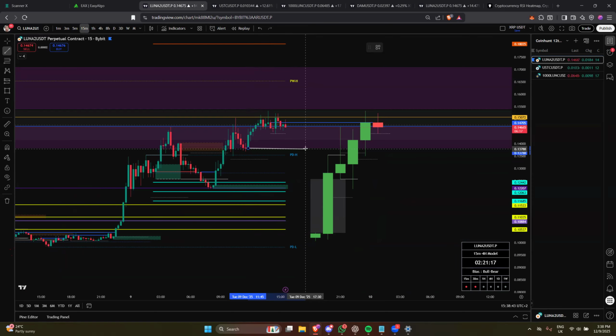I could just mark CISD there. I'd only be happy if price closed on this time frame, 15 minutes, below that point. That can be my CISD, even though it didn't make that sweep, if you understand. It swept a level that I was happy with. And the CISD level is an indication that when it breaks, it shows a change of structure to the downside. I hope that helps.